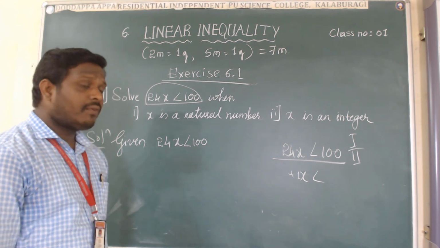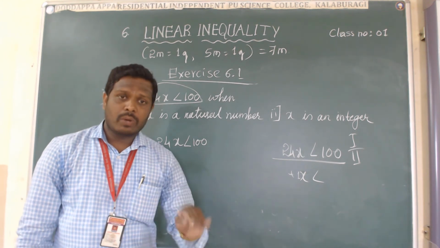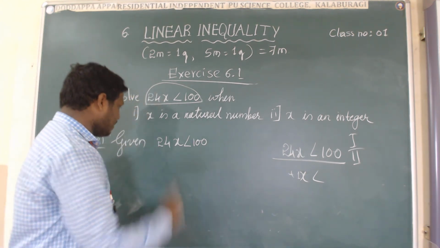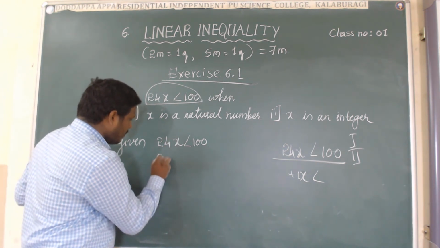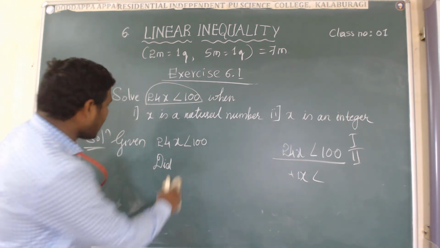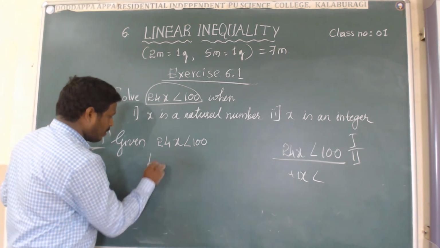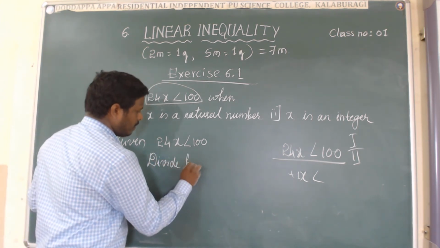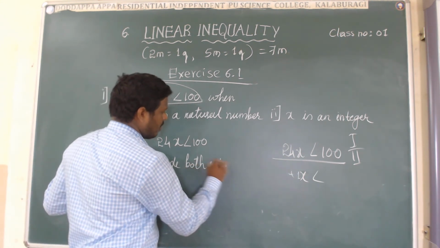I will divide both sides by 24, using the second rule. Divide both sides of the inequality.